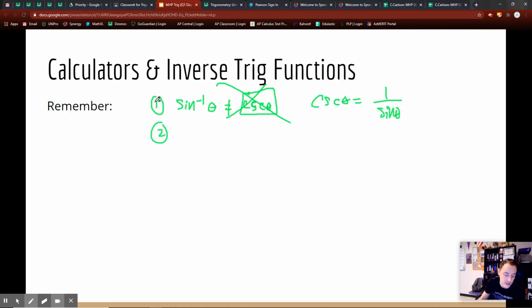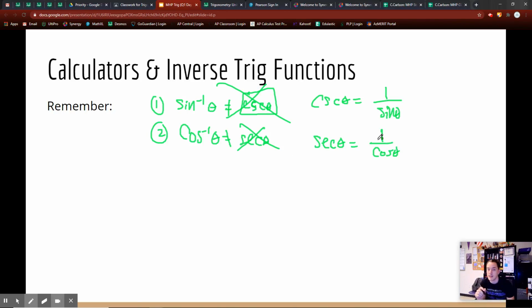Or another one: inverse of cosine of theta does not equal secant. Instead, secant of theta equals 1 all over cosine of theta. So I just need to make sure you remember that when plugging in.